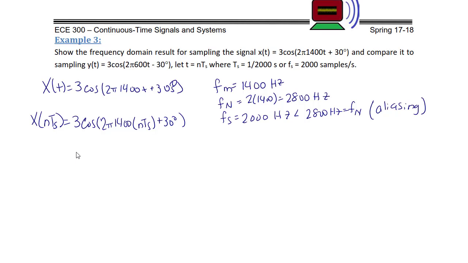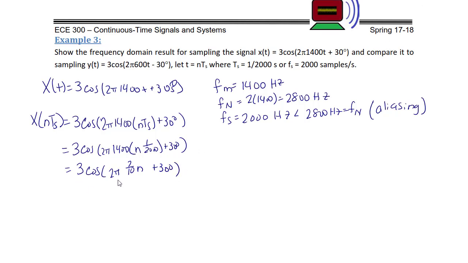This should be degrees here, which equals 3 cosine 2 pi 1400 times n times 1 over 2000 plus 30 degrees, which equals 3 cosine 2 pi 7 over 10 n plus 30 degrees.